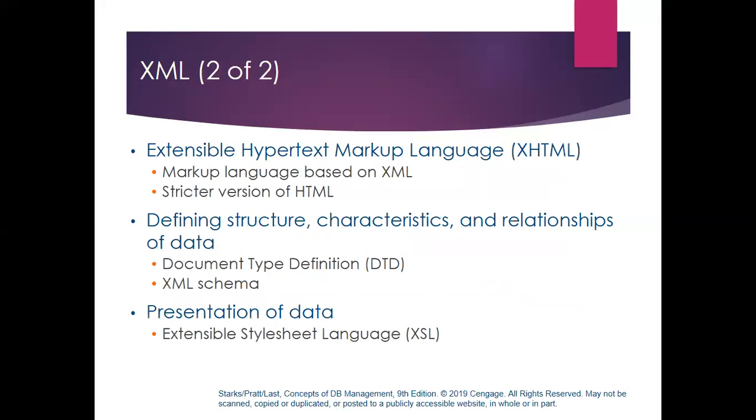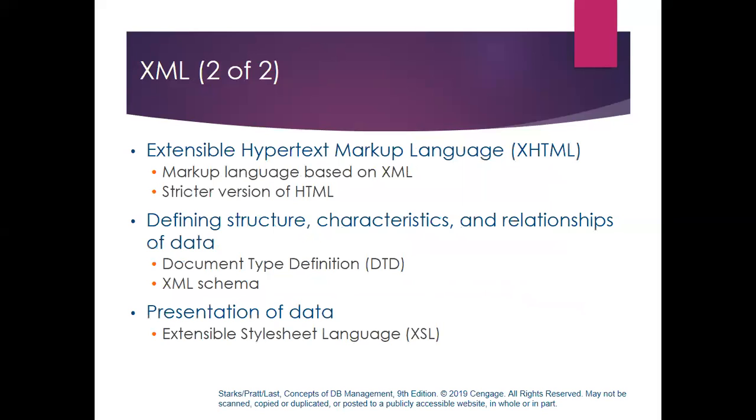A document type definition, DTD, defines the elements, the attributes, and the element relationships for an XML document. An XML schema is a newer form of DTD that more closely matches database features and terminology.